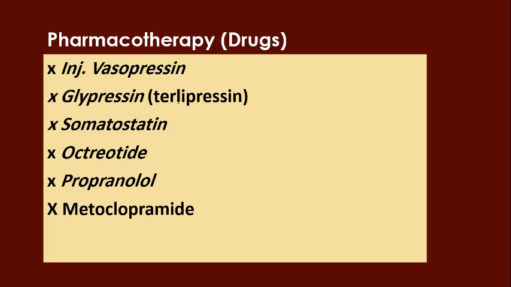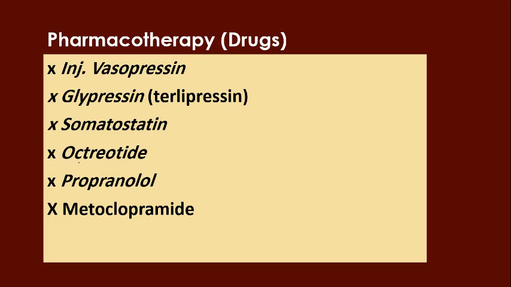Third, somatostatin, with a half-life of about 2 minutes, which does not cause systemic vasoconstriction like vasopressin, but reduces the splenic and hepatic blood flow. It is given as a continuous intravenous infusion after an initial bolus dose.